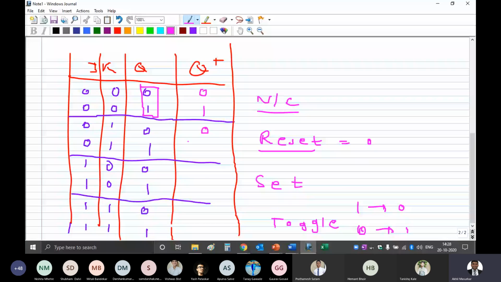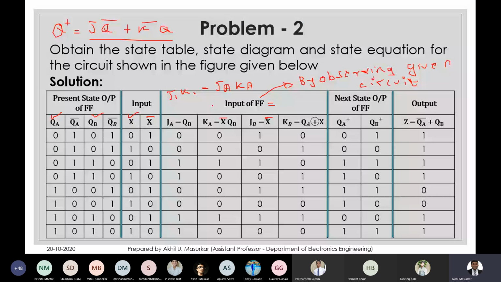So you can see that when I am calculating QA plus, I shall be looking at QA, I shall be looking at JA, and I shall be looking at KA. So naturally, you can relate it to this.